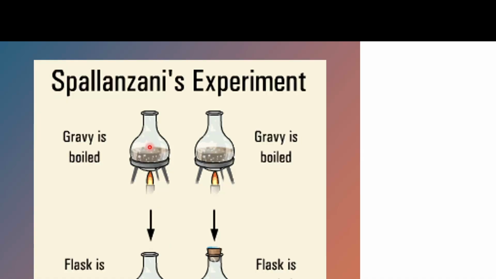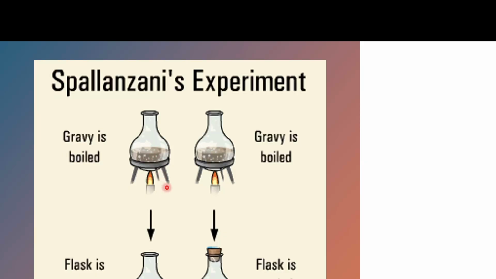Now he kept one of those flasks open, and the other flask was sealed with a cork, right? Then he could see that the gravy in the open flask is teeming with microorganisms. Where the flask was exposed, that gravy has microbial growth. But the gravy in the sealed flask is free of microorganisms. How did it happen? The gravy did not have any microbes to begin with, since they were all heat killed.